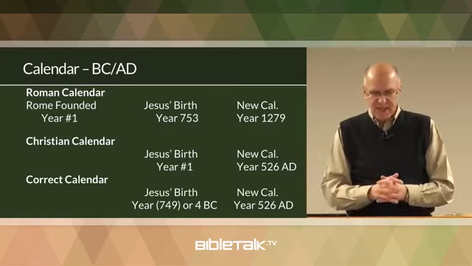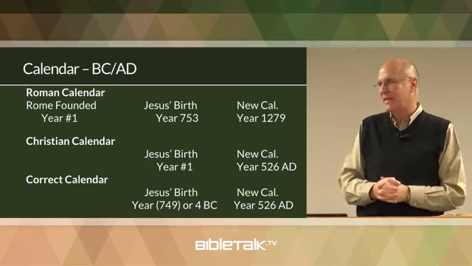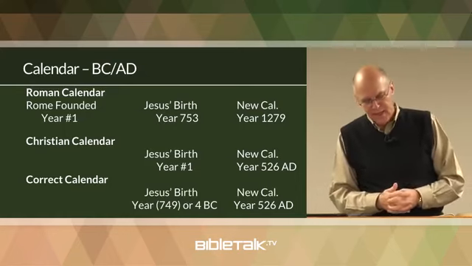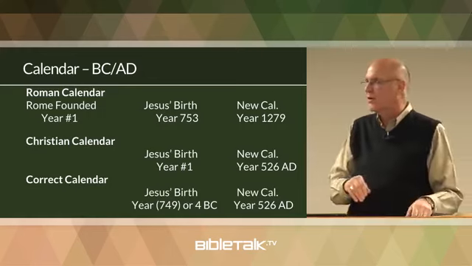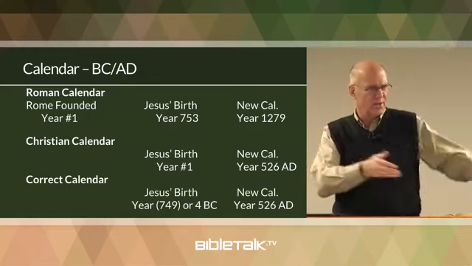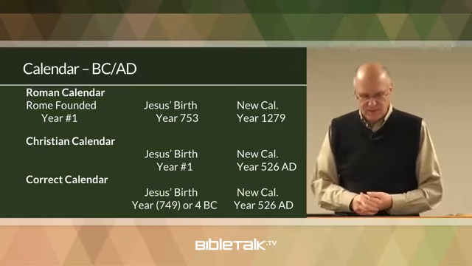So this means that according to the new calendar, Jesus was born in 4 BC. Okay, is that confusing enough for you? All right. So that's why you read secular books sometimes and they say Jesus Christ of Nazareth born 4 BC, and you're going, how can Jesus be born 4 years before Christ? This is the reason why this was done.